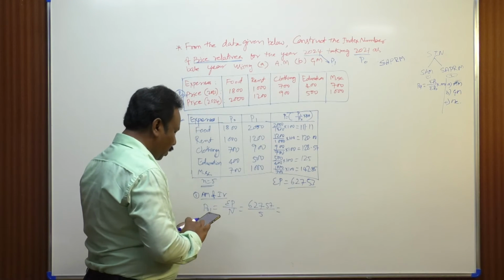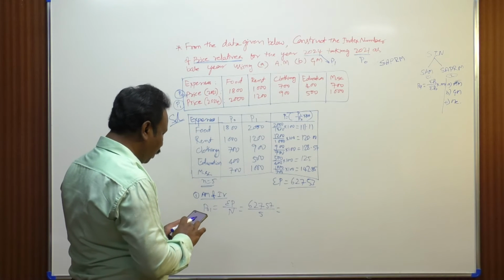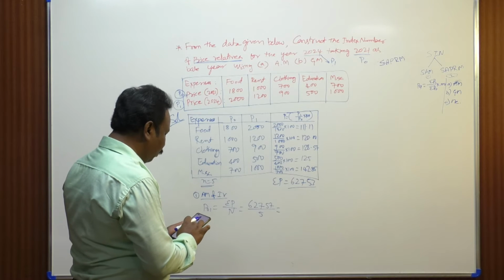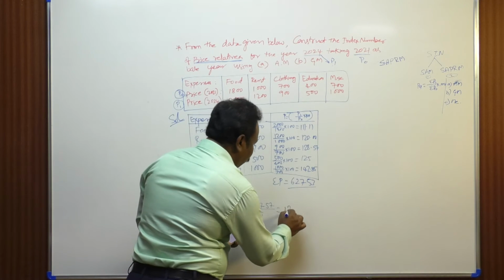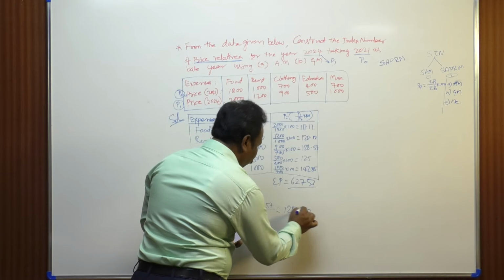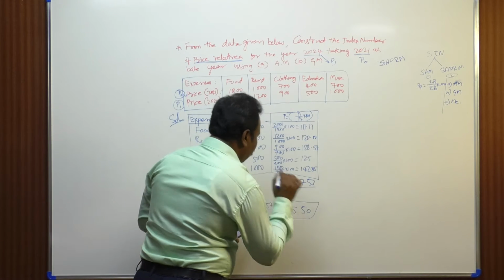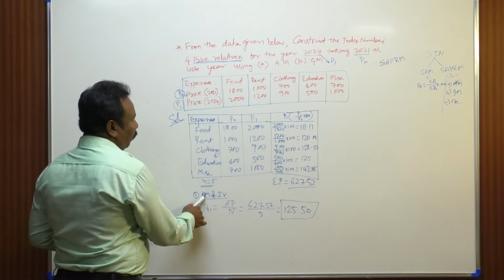So, 627.553 divided by 5 equals 125.05, that is 125.05 according to arithmetic mean.